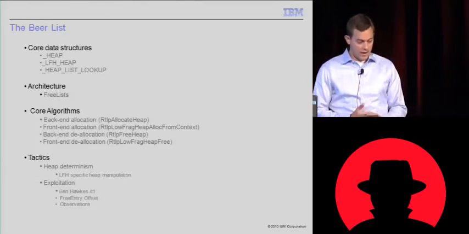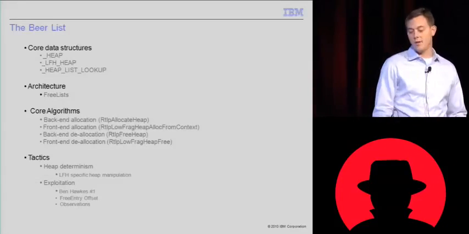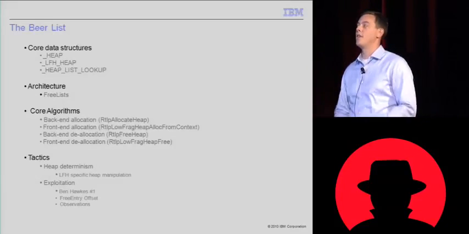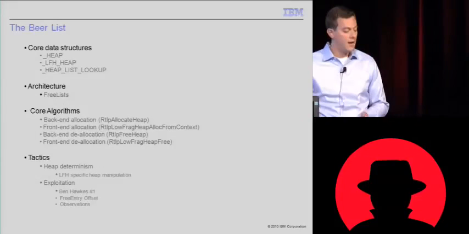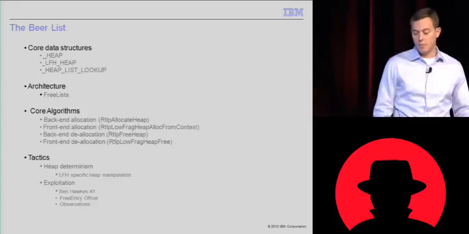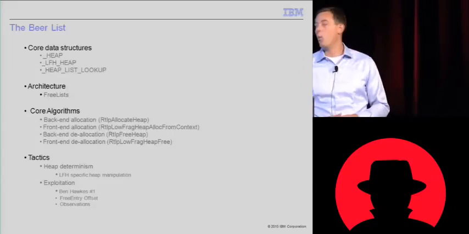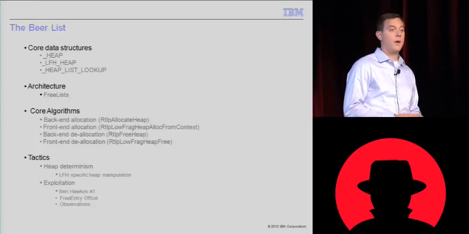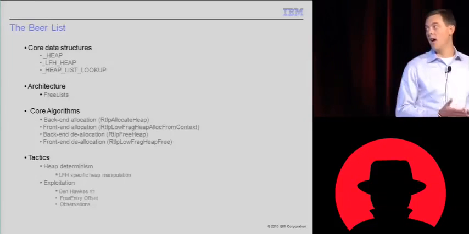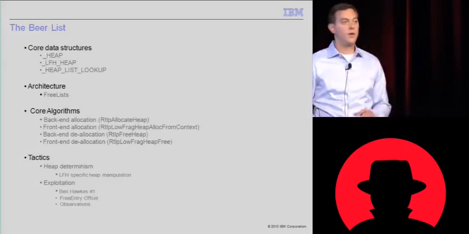And finally, everyone can feel free to go to sleep while I go through the core algorithms, as I'll do it both for the front end and the back end. And lastly, we'll discuss tactics, specifically heap determinism, and then some exploitation techniques, one by Ben Hawkes, which I call Ben Hawkes number 1, and then another one that is strikingly similar by me, which is overriding the free entry offset.